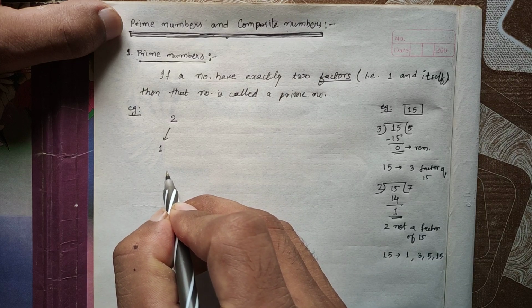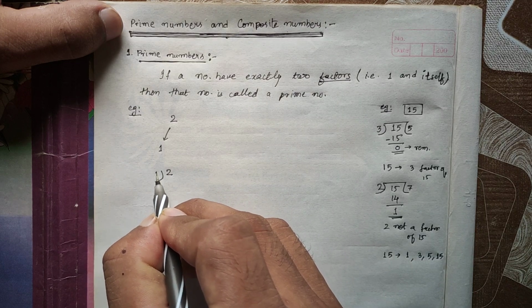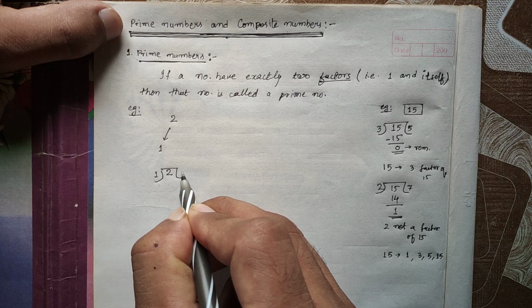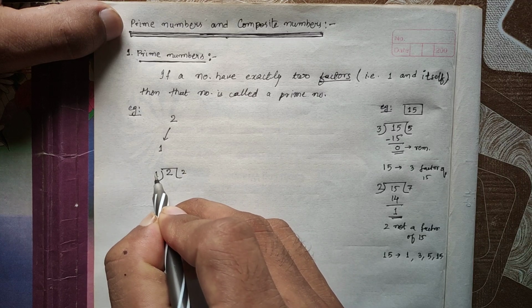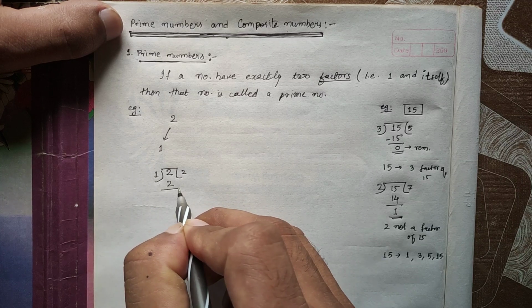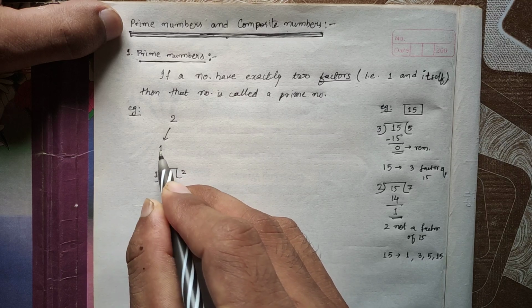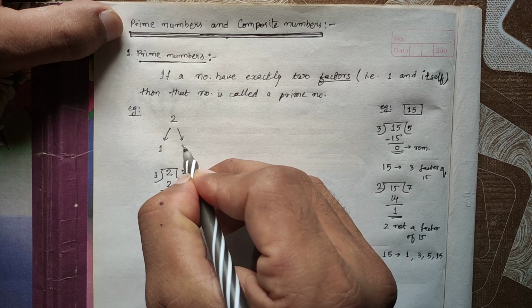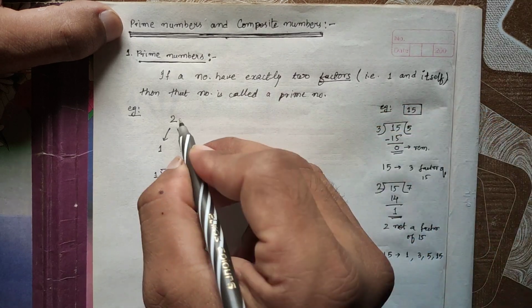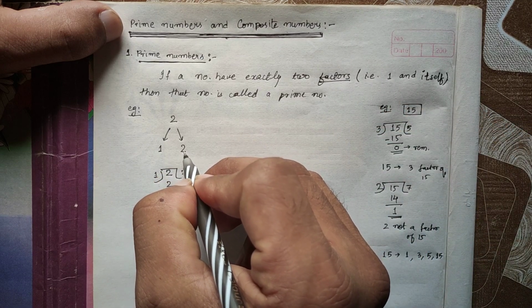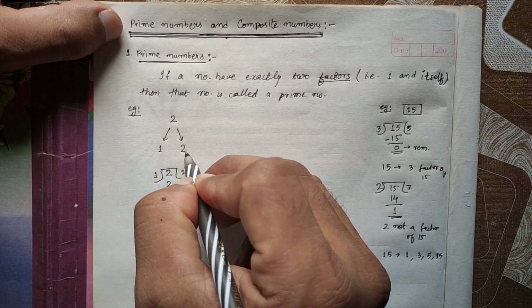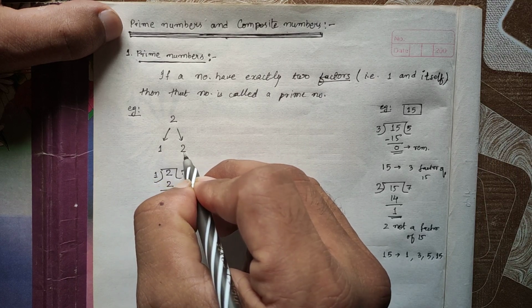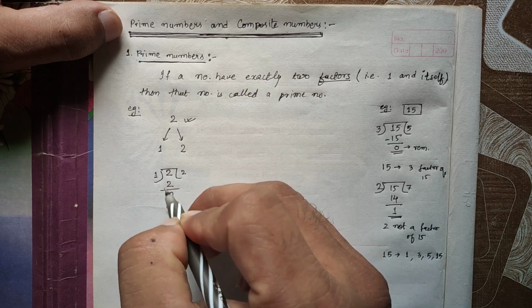Check it: 1 times 2 is 2, so the remainder is 0. So 1 is a factor of 2. And 2 is also a factor, itself, since a number is always divisible by itself. So it has 2 factors, so it is a prime number.